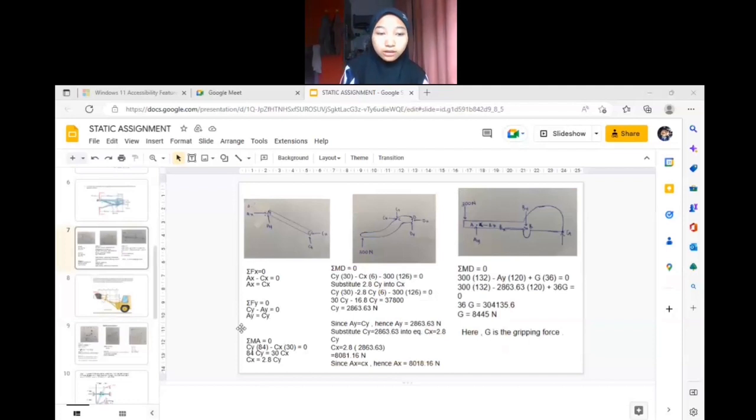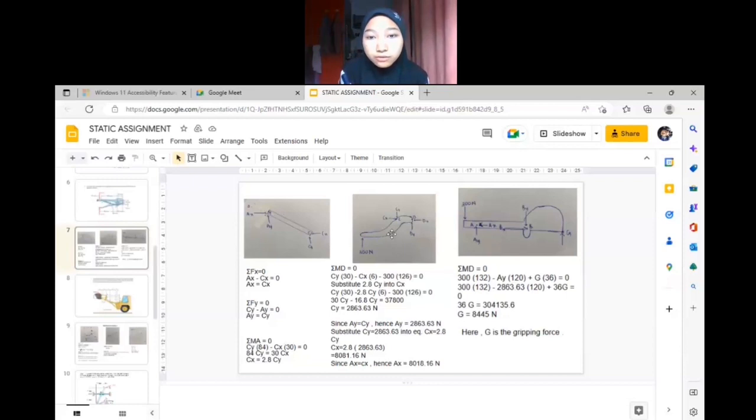Last step, we use moment at point A, substitute all the information, and simplify to get Cx. As you can see, Cx equals 2.8 Cy, which has two unknowns, so we need to proceed to the next part.